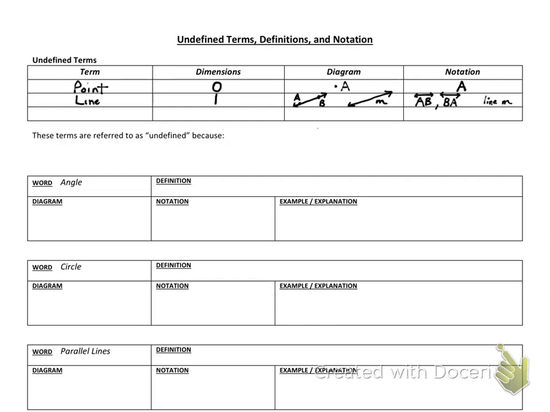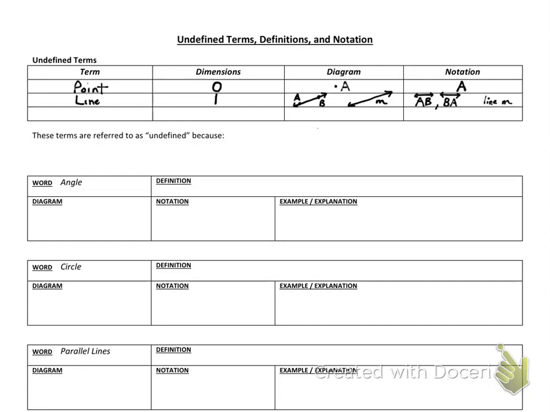Does anyone know what we would call this right here? A what? Well, it is kind of rectangular the way I drew it. It doesn't have to be. What do you think? An area, and you're getting closer there. And this is a term you've heard, but this is what we call a plane.